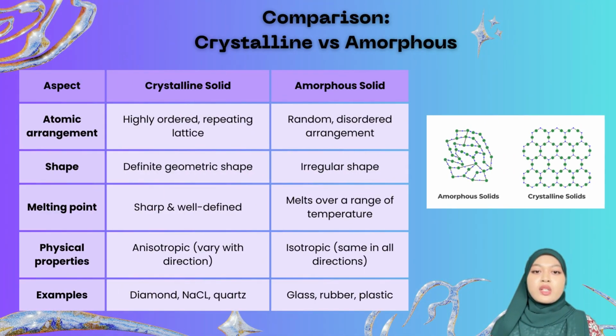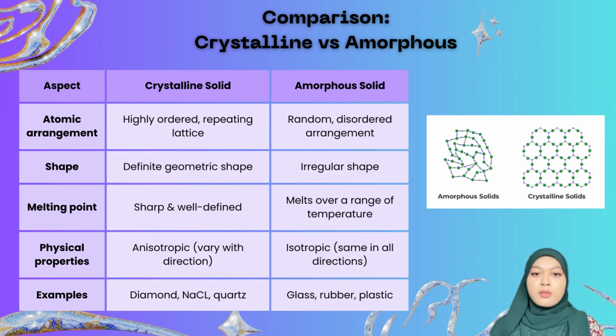This slide shows the comparison between crystalline solids and amorphous solids. First, in terms of atomic arrangement, crystalline solids have a highly ordered and repeating lattice structure, while amorphous solids have a random and disordered arrangement of particles. Next, for shape, crystalline solids have a definite geometric shape, whereas amorphous solids have irregular shape. When we look at the melting point, crystalline solids have a sharp and well-defined melting point.